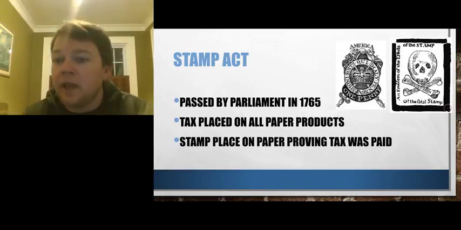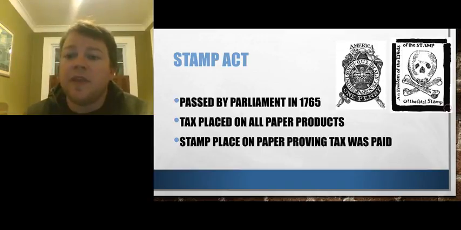Now, today in 2017, we might think that paper products might not be all that bad, but you have to realize that this is before computers, this is before any type of digital technology. So literally everything was created on paper.